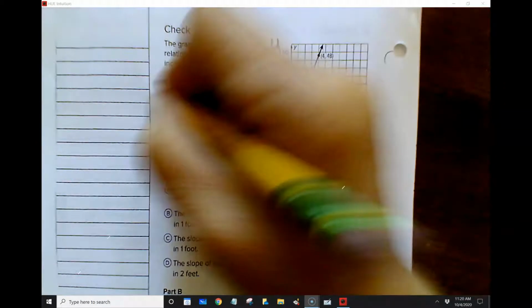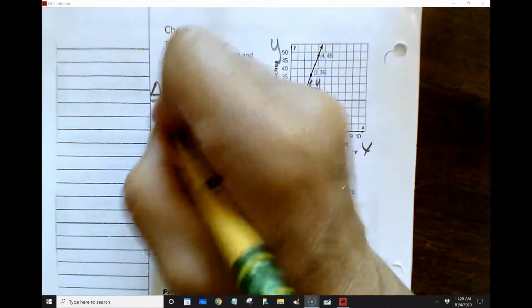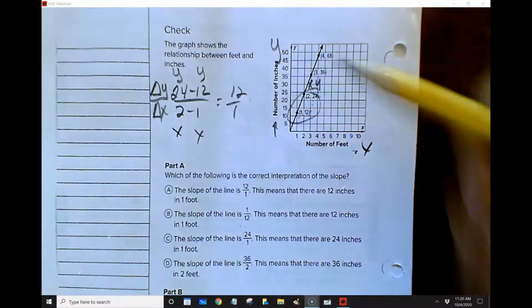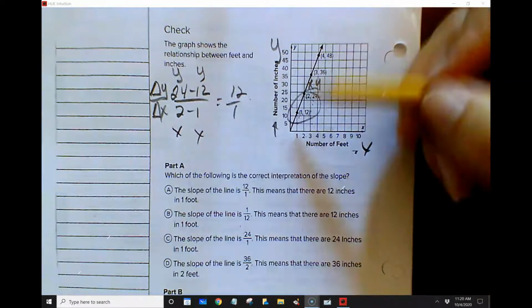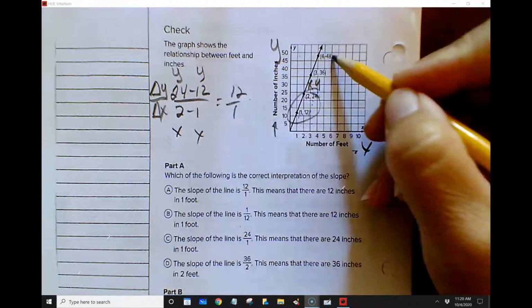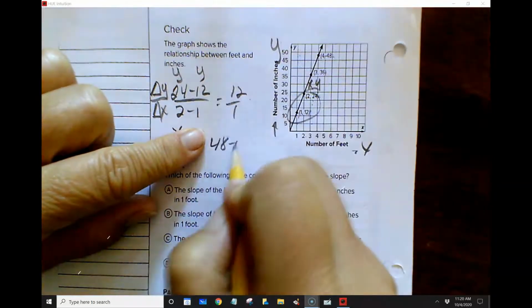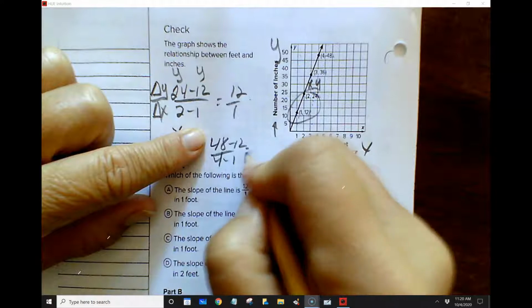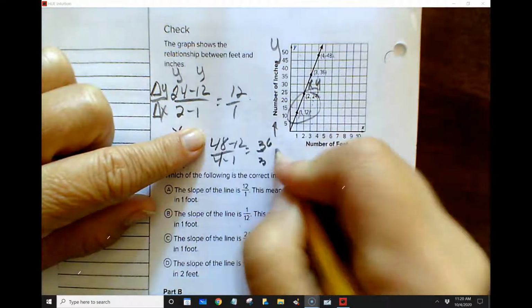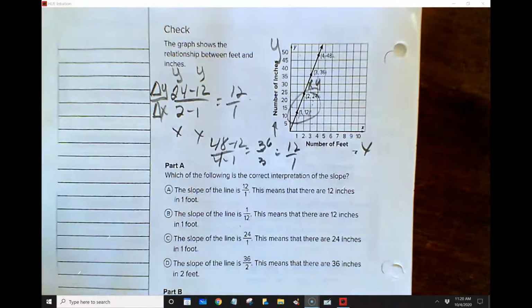So my change in Y over my change in X, that's delta, it means change. It's 12 for every one. So no matter how I slice it and dice it, if I go from here to here, 48 minus 12 and 4 minus 1, 36 divided by 3 is, again, 12 over 1, or just 12.